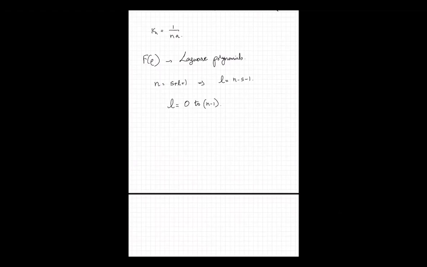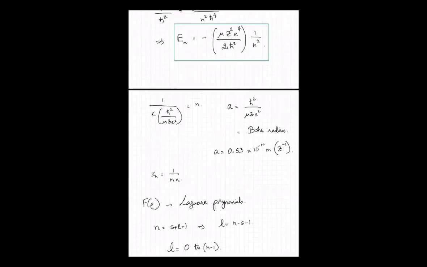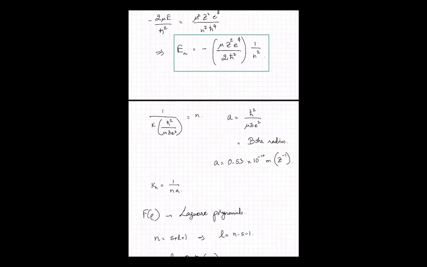So then, what is the degeneracy in the problem? This is something that you should pay attention to, and I'll talk about this, and then we will write down f for a couple of values of n. There is a lot of degeneracy in this problem. Why? Let us say that you fix some n. Why are we fixing n? Because the energy of the bound states goes only like n.